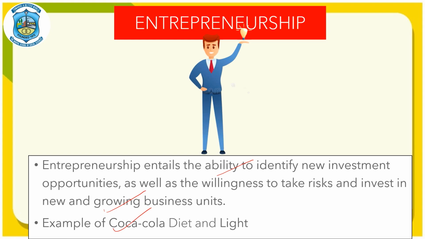It is very successful in North America and some parts of Europe, but it was one of the worst plans in Japan. Why? Because Japanese people are very sensitive about the word diet.